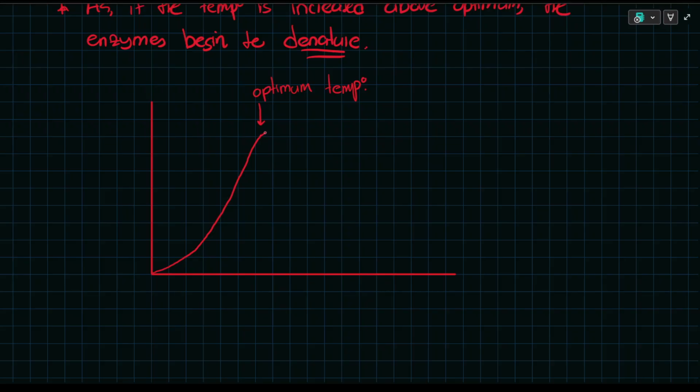Once we go beyond the optimum, what happens? Enzymes denature. They completely change their active site and then they can no longer metabolize. So the rate drops to literally zero because the enzymes are destroyed.